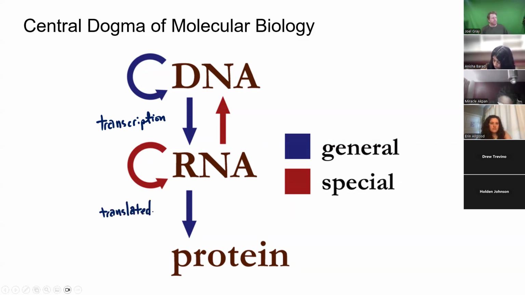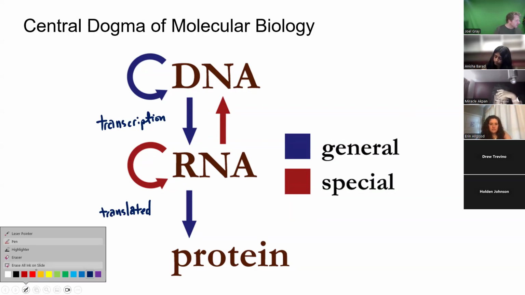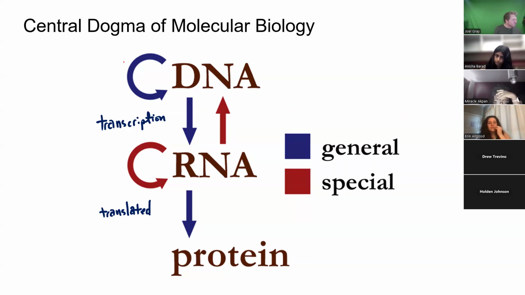to a protein. Now, to add a little bit more detail to some of these arrows, this first arrow that's kind of circular represents replication, DNA replication. So DNA serves as the template to make more DNA.